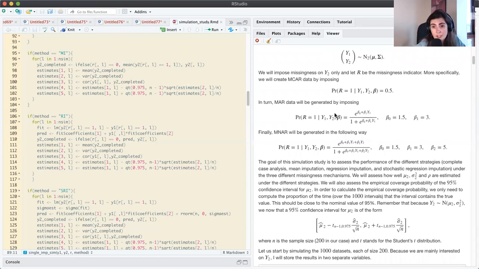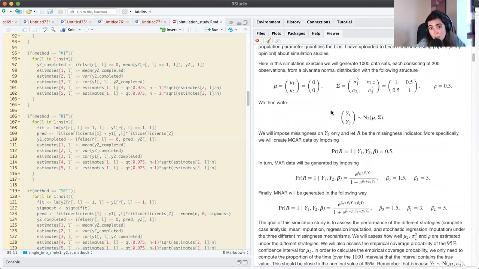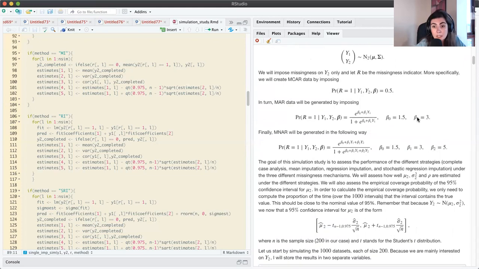And we have several quantities here, right? And because y2 is the variable with missing values, I will be looking at how well the different strategies can recover the mean of y2, the variance of y2, the correlation between y1 and y2, and I will always be interested in looking at the lower and upper limits for the confidence interval for the mean of y2, because y1 and y2 jointly are normally distributed.